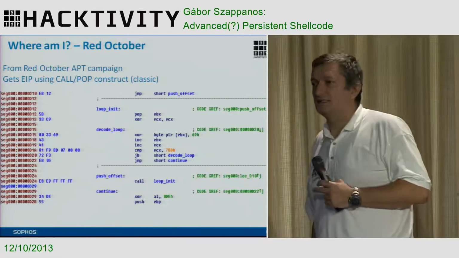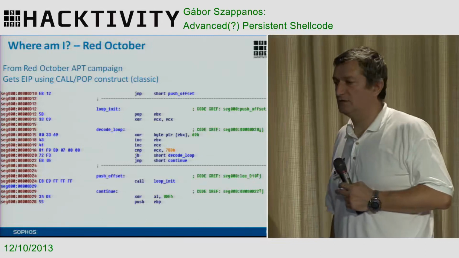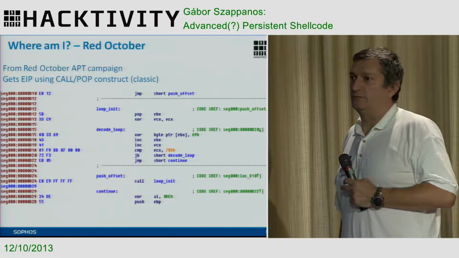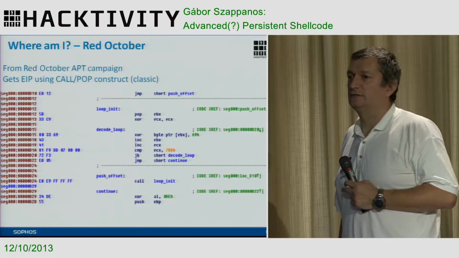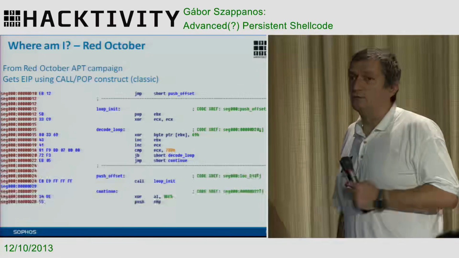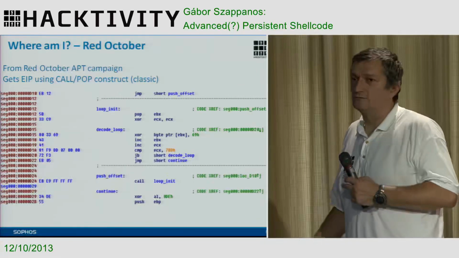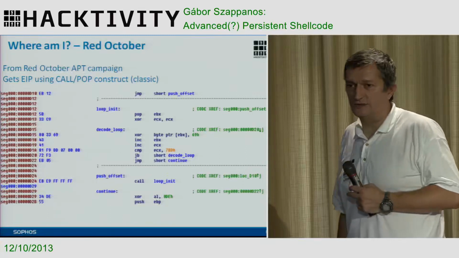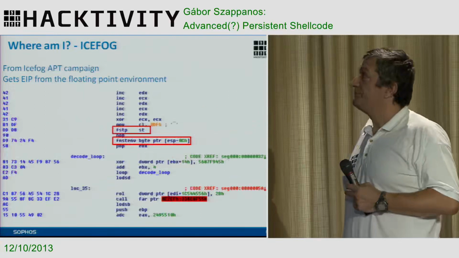It's a nice and classic method. It's been used for ages. Like from the very first Windows file infector viruses already use this scheme to find their own exact memory location. Also, it's been used at least for 10 years in the executable crypto, so it's nothing new.